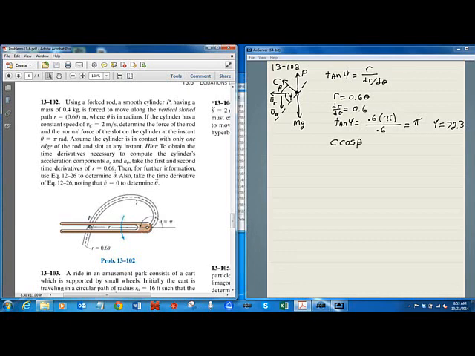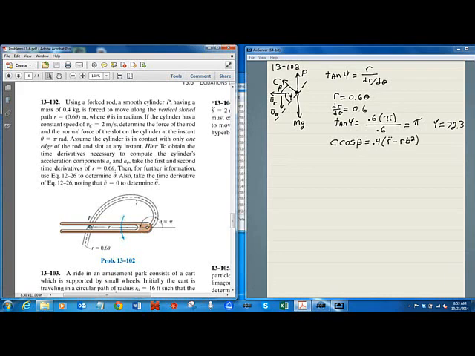And that'll be in the positive direction. That's all there is. And so that equals the mass, which is 0.4, times the acceleration. So in the r direction, it's r double dot minus r theta dot squared.